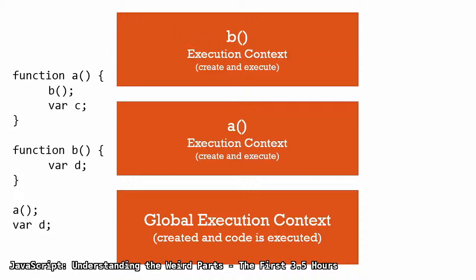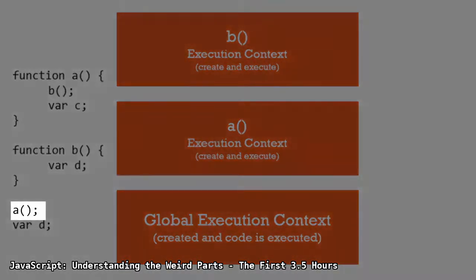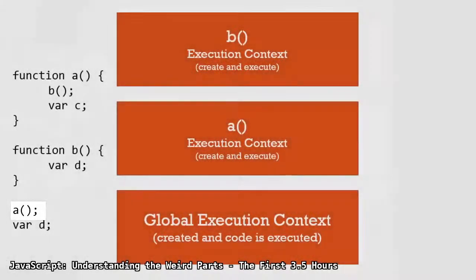Those var c, var d that you see down below, each of those function calls, let's talk about what's going to happen. First of all, A at the bottom will invoke function A. So that will be the next put on the execution stack, the execution context for the function A. Then that becomes the currently running code, which means that very last line at the bottom, var d, below the A, that's not going to be run yet because JavaScript is synchronous, one line at a time.